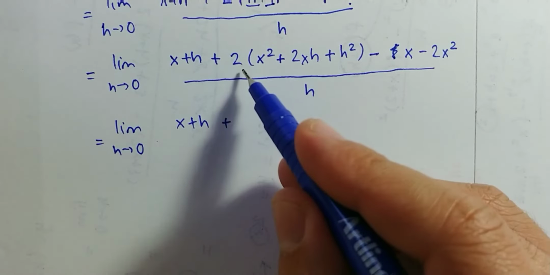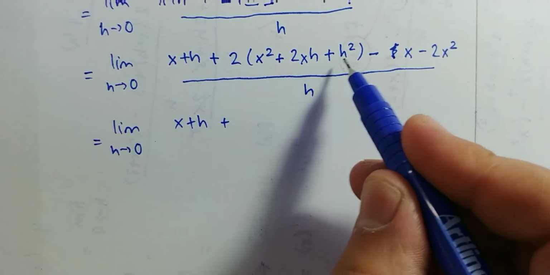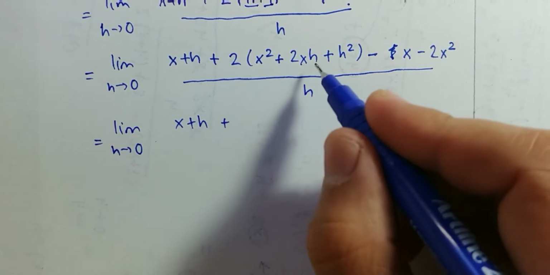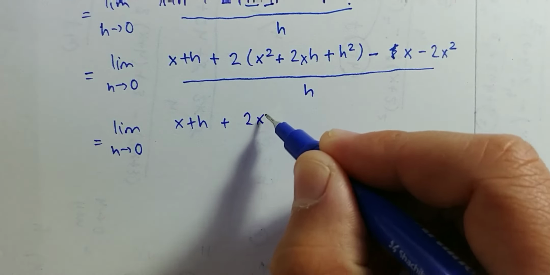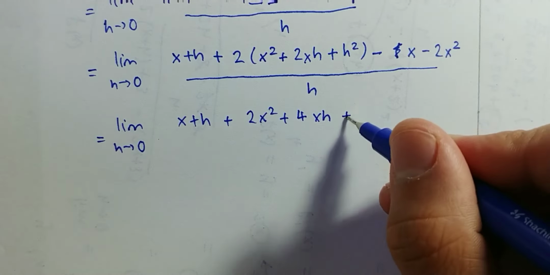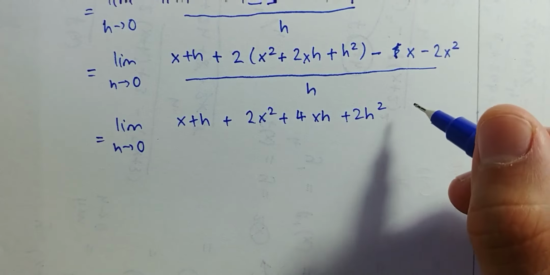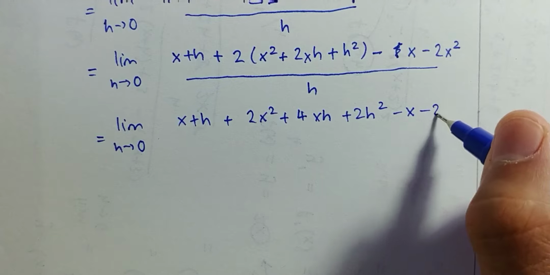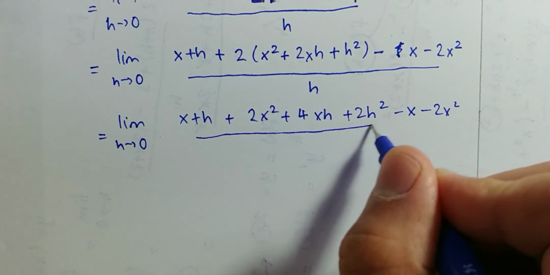Now I'm going to start bringing all these out by multiplying each of them by 2. So 2x squared plus 4xh plus 2h squared minus x minus 2x squared all over h.